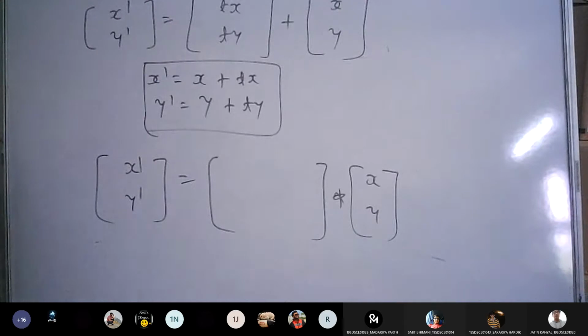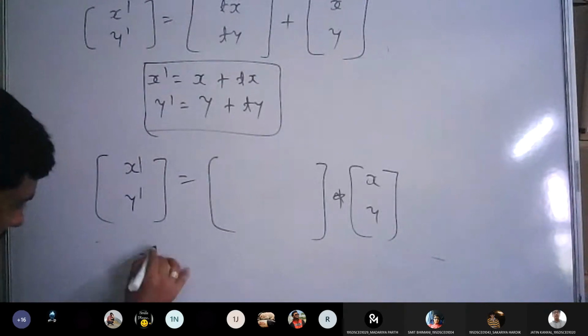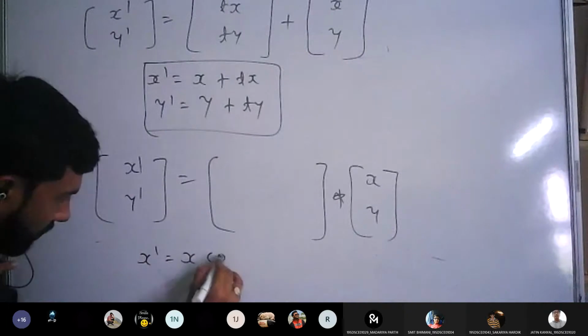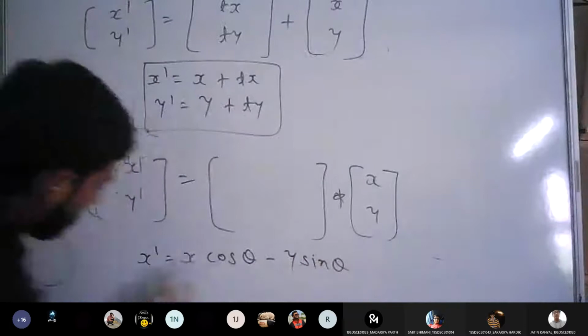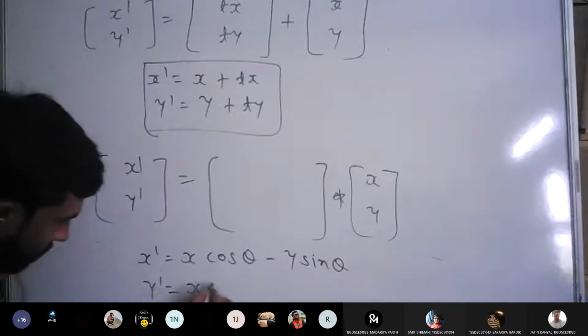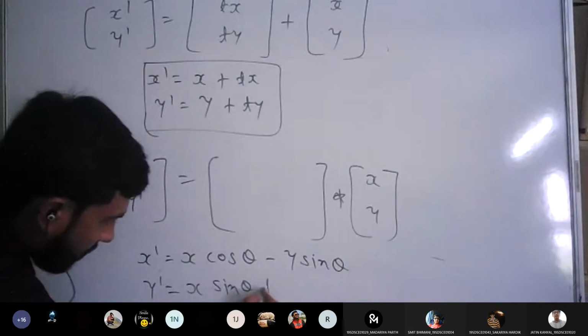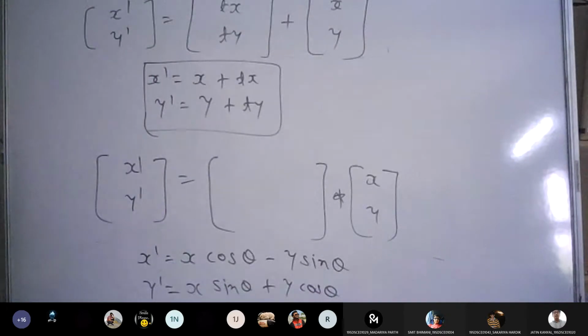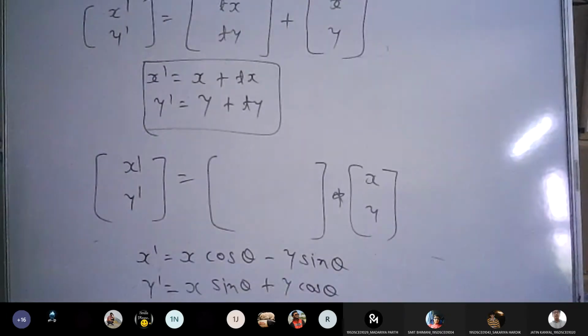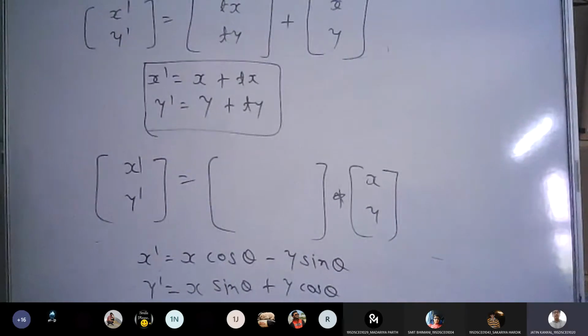The equations for rotation are x dash is equal to x cos theta minus y sin theta. Y dash is equal to x sin theta plus y cos theta. Yes or no? Do you remember these equations? Yes, sir.